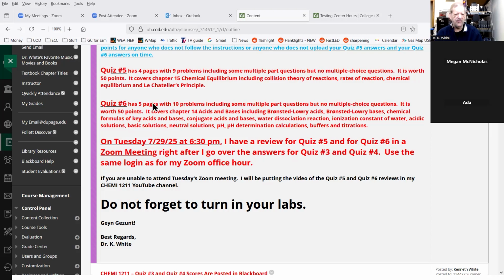All right, Quiz 6 has 5 pages, 10 problems, including some multiple part questions, but no multiple choice. It's worth 50 points. It covers chapter 14, acids and bases.